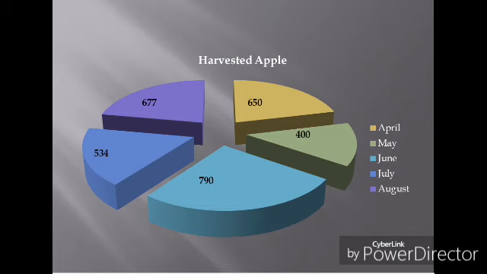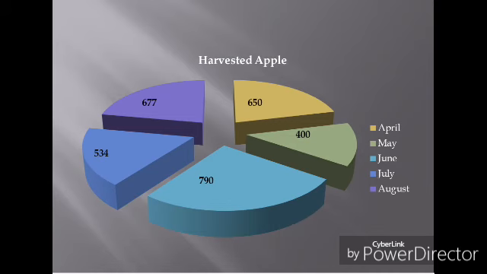Look at our example, which is harvested apples in the months of April, May, June, July, and August. We have 650 apples in April, 400 in May, 790 in June, 534 in July, and 677 in August. We must first add the cases of every month to get the total number of cases. 650 plus 400 plus 790 plus 534 plus 677 is equals to 3051.